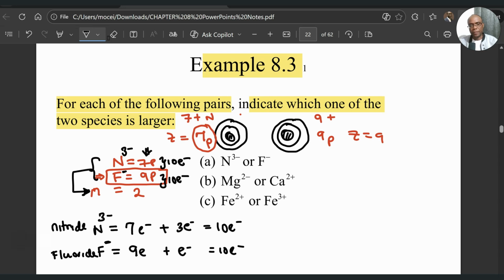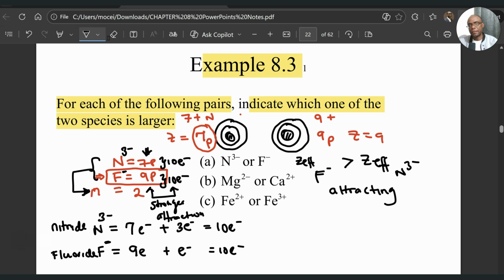Take the protons to be the force of attraction of the nucleus. So which one is going to be stronger here? It's almost a 1-to-1 ratio between the 9 protons and 10 electrons in the fluoride, so there's a stronger attraction here. This is another way to look at it. The effective nuclear charge of fluoride is bigger than the effective nuclear charge of the nitride, and they are all attracting 10 electrons towards the nucleus.